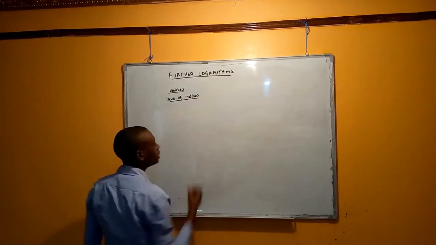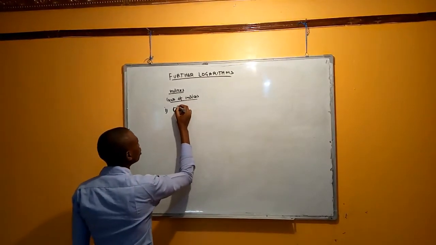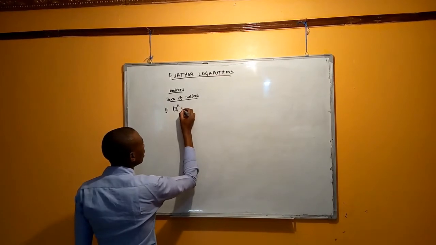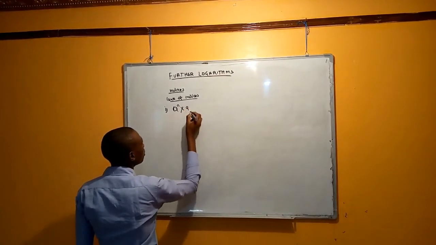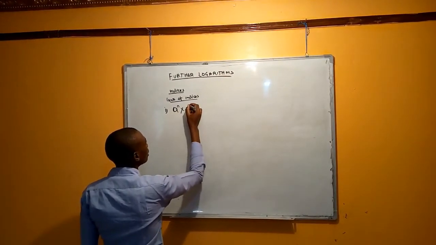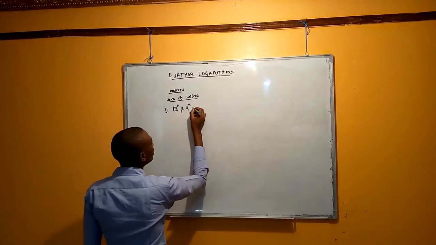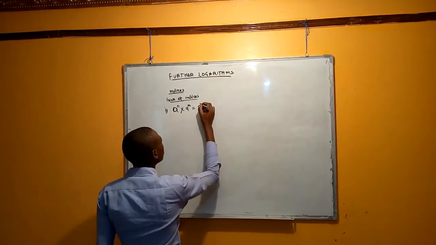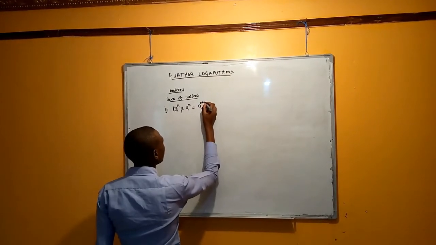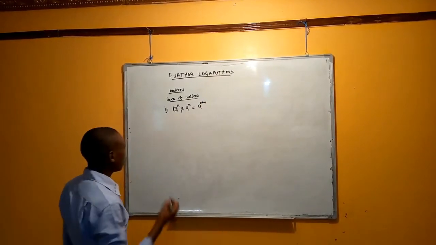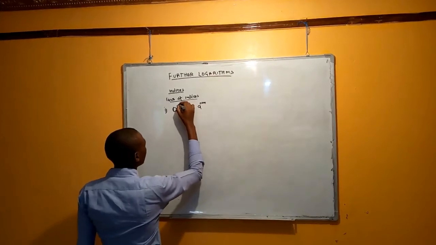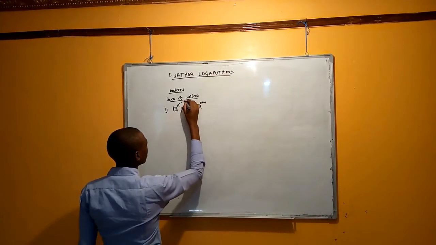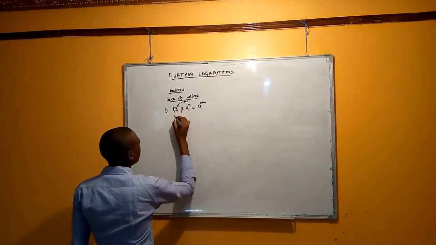The laws of indices: the number a raised to power n, multiplied by a raised to power m, gives a raised to power n plus m. Remember that n is the index, a is the base.